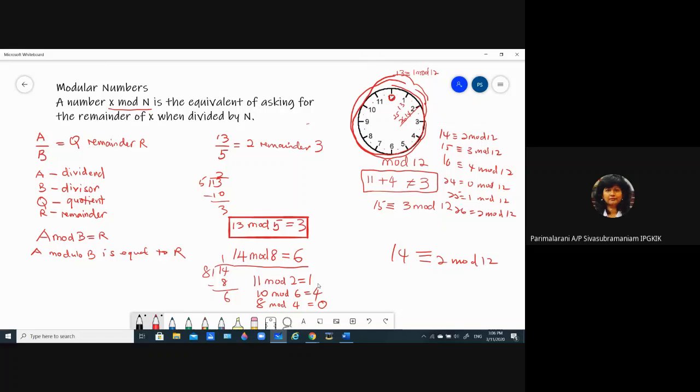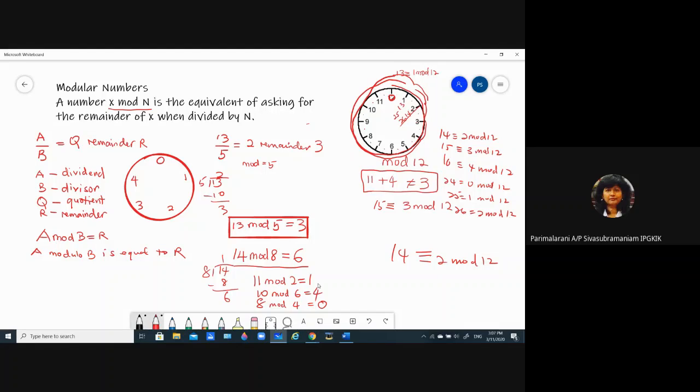Okay, let's look at this one here. 13 divided by 5. We can represent this on a clock face like this. If divided by 5, it means that the mod is 5. So we start with 0, 1, 2, 3, 4. We only have until 4. 13 divided by 5.